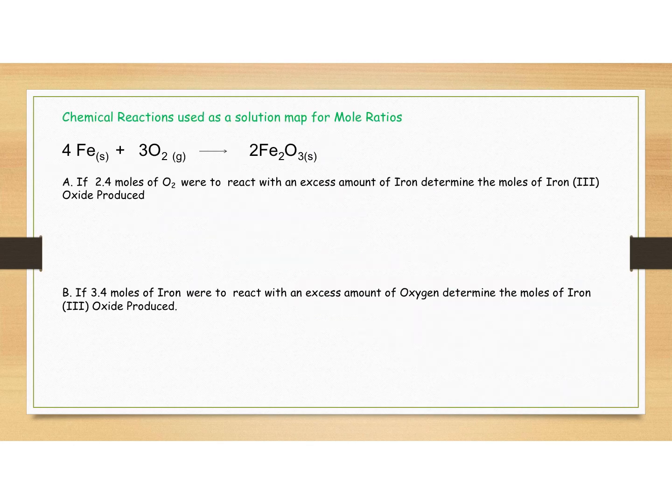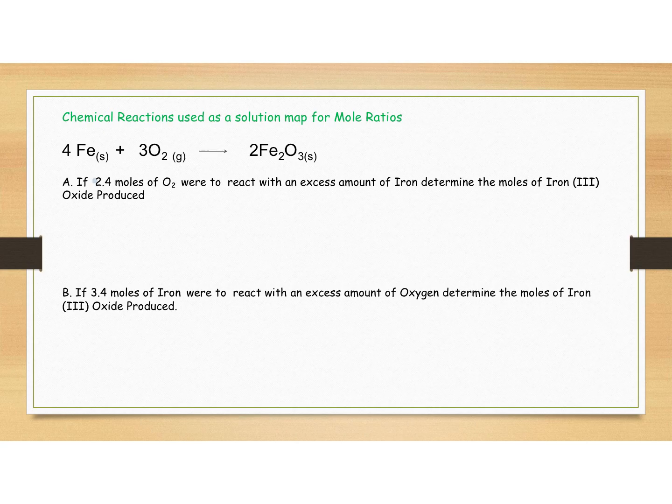What I'd like to do is start off with a simple one. And we're going to talk about chemical reactions used as a solution map for mole ratios. I've broken this one into two parts, an A and a B. So let's just read the problem statement.